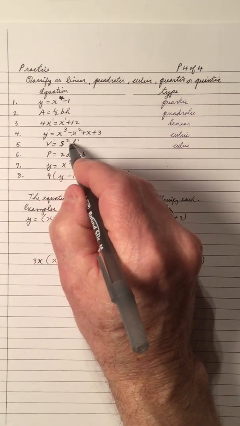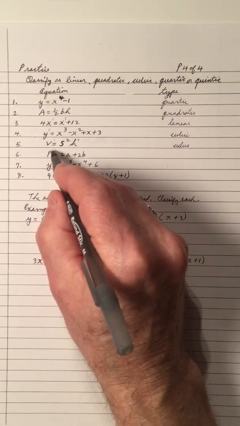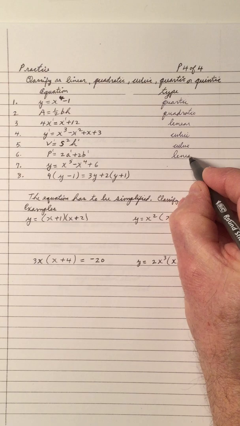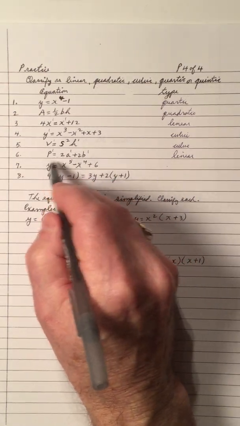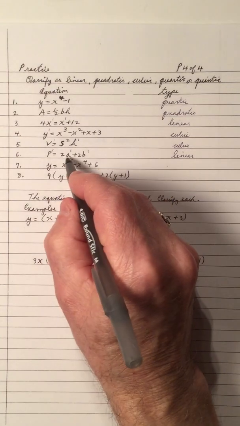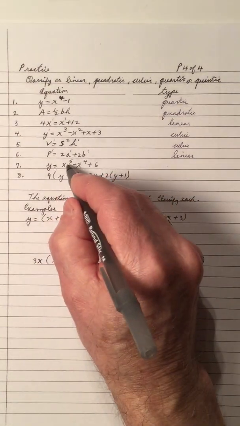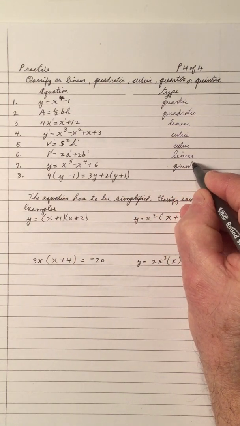It's only 2 terms, but that's a square, and that's a 1, so that's a cube altogether. A 1, and a 1, so that's a linear, degree 1, but it's a linear with 3 variables. And we have y x to the 5, and a 5 is a quintic, degree 5.